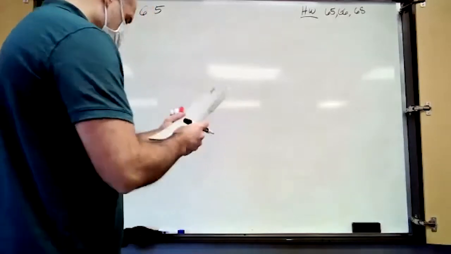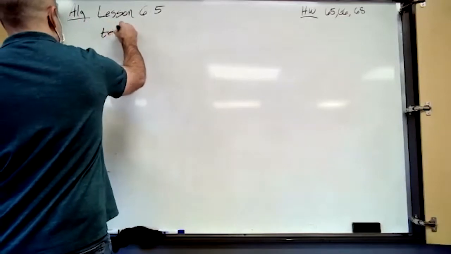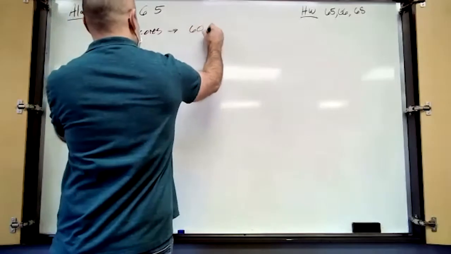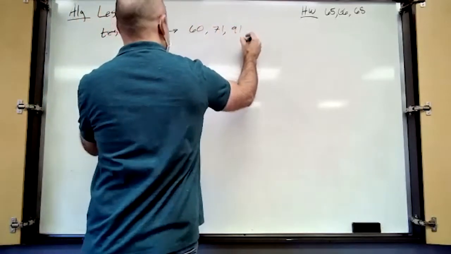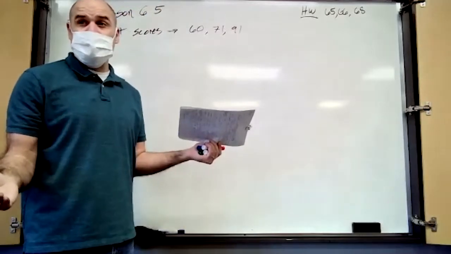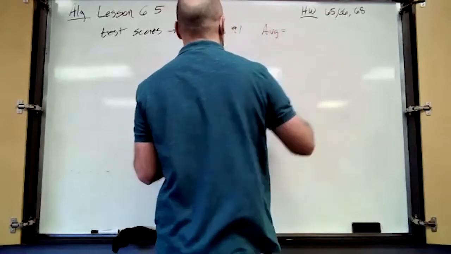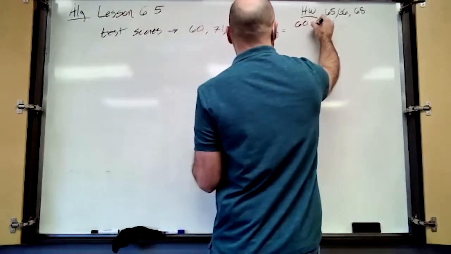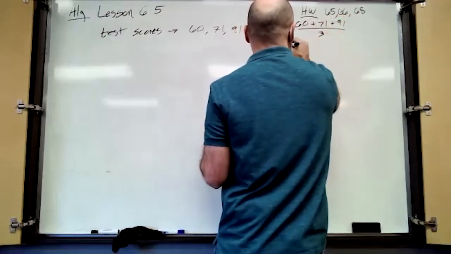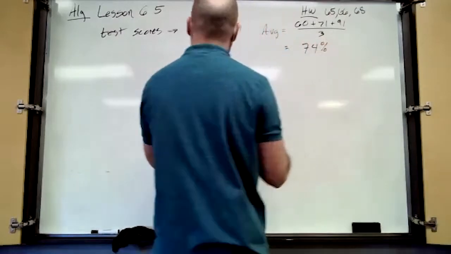So for example, if you were to just take test scores by themselves, test scores are 60, 71, and 91, and they're all worth the same, how do you find the average? Just add them up and divide by 3.